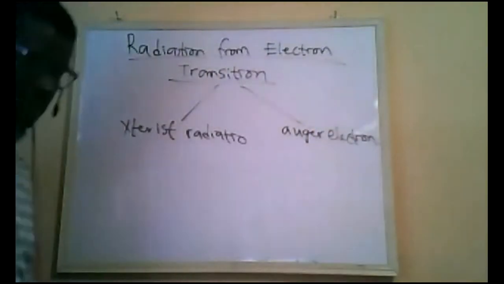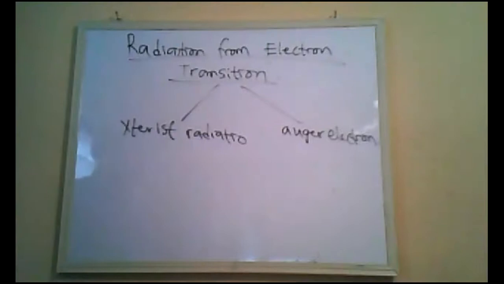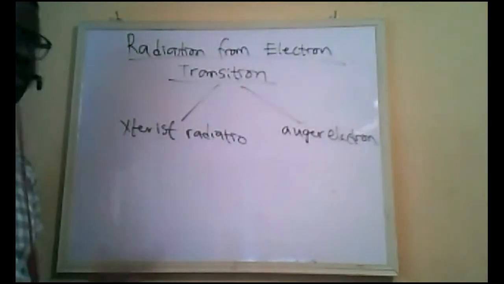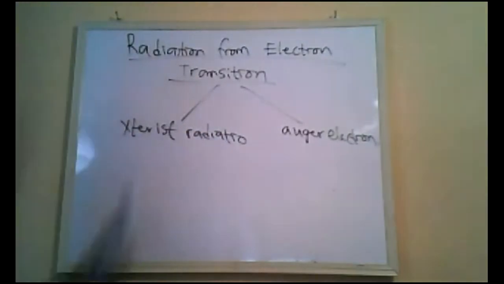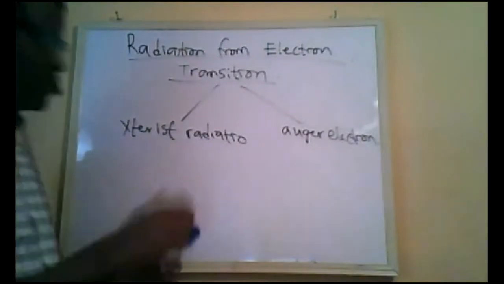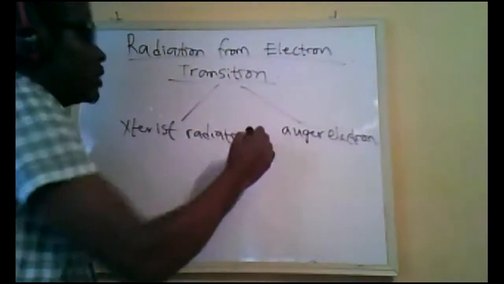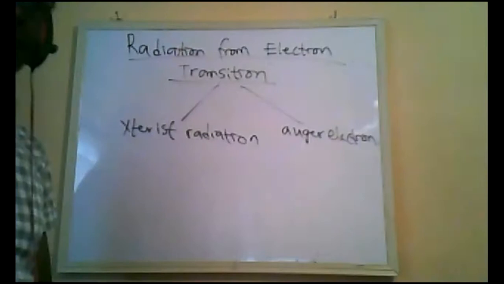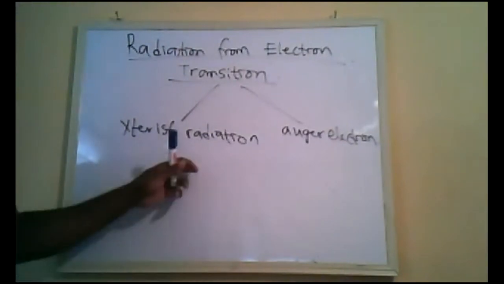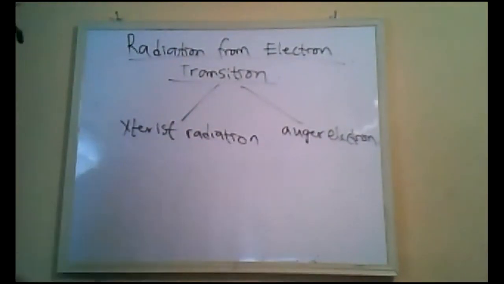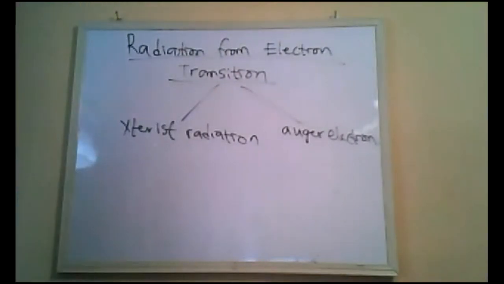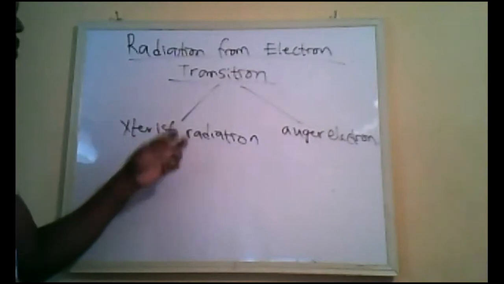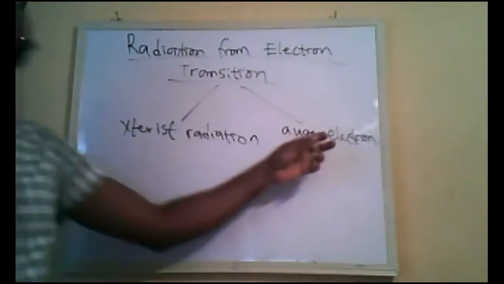other electrons. You have an atom that has received energy which has impacted the orbital electrons. When they receive such energy, they become excited. For them to go back to their lower energy state, that is, to become stable again, they have to release either characteristic radiation or other electrons.